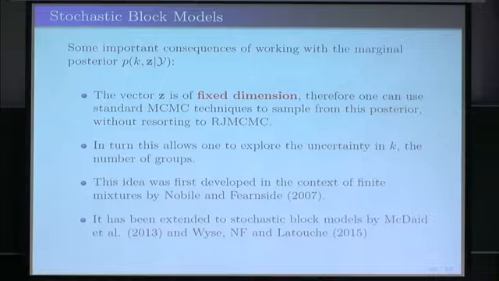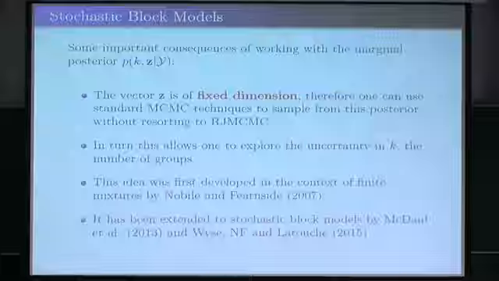So this allows us to explore the uncertainty in K. And Nobile and Fearnside set up an algorithm to do this kind of thing in the context of finite mixtures. And in work with Aidan McDaid and Brendan Murphy and myself, and also with Pierre Latouche, who's here, we looked at how this can apply to stochastic block models.